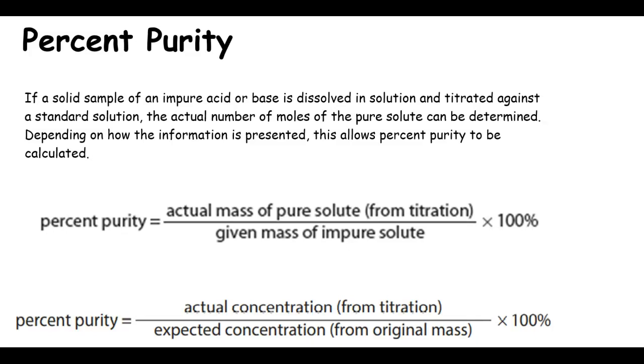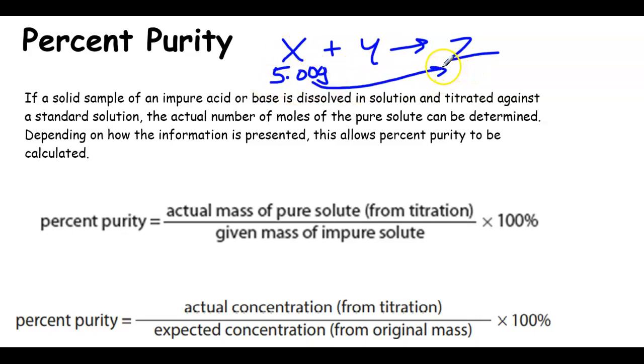So when you do the titration, when you have something reacting with something else to make something else, if you have a mass that is recorded at 5 grams, let's say, and only, let's say, 4.8 out of that 5 grams is pure, when we do the calculations to determine what you should get in theory, it's not going to match what you actually get.